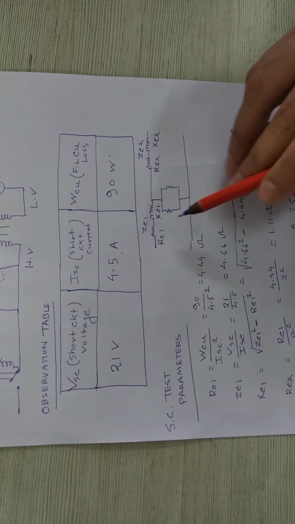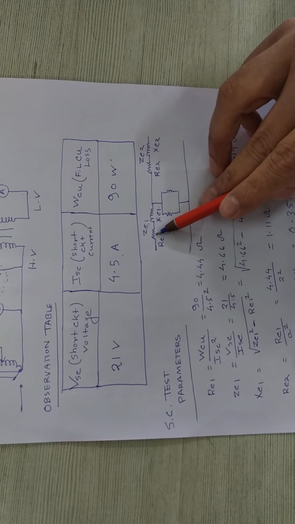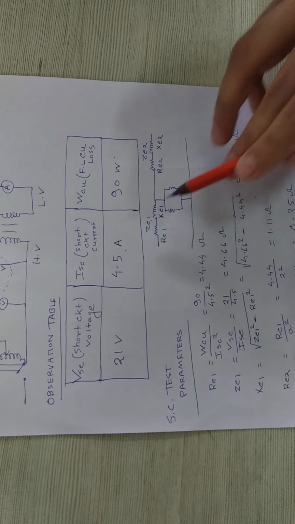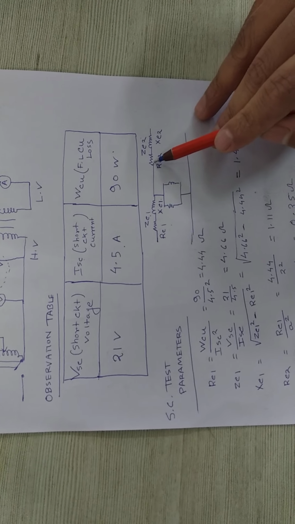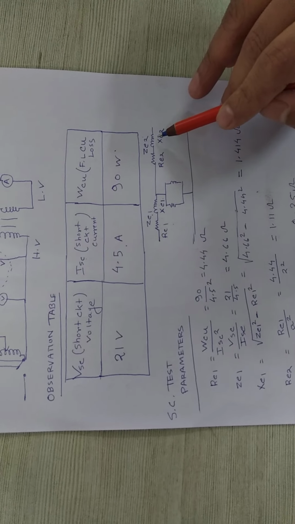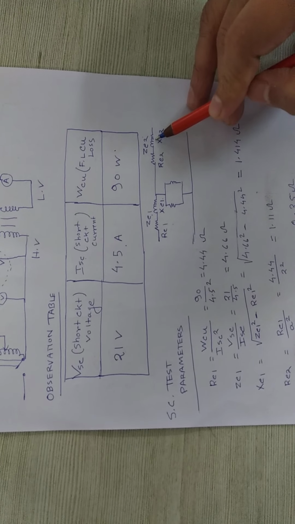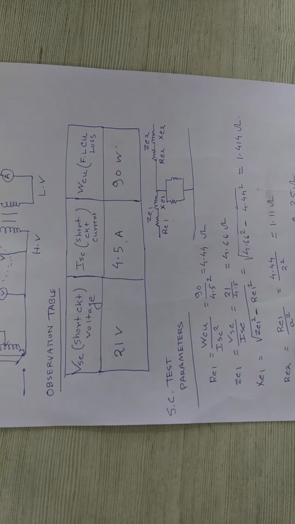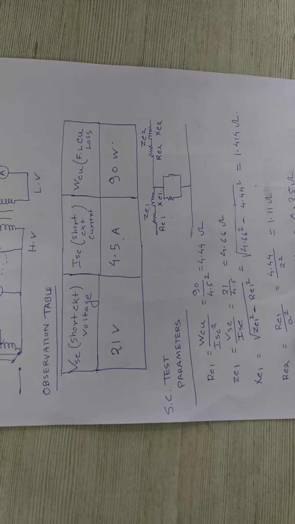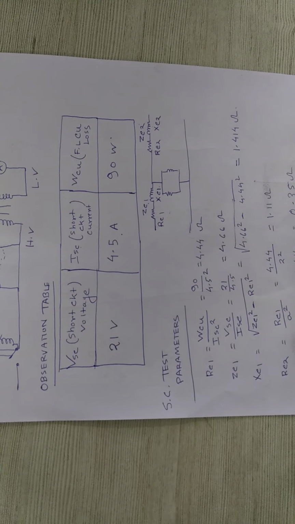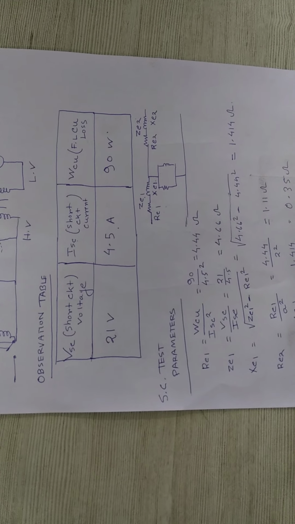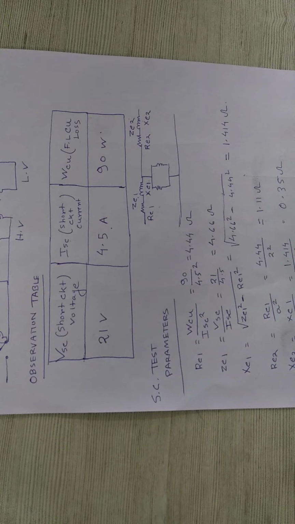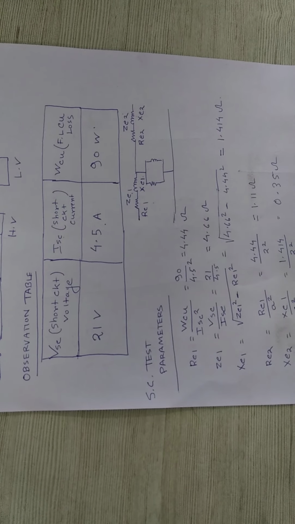So this is the equivalent resistance of primary winding, and it is the equivalent reactance of the primary winding, and that is the equivalent resistance of secondary winding, and that is the equivalent reactance of secondary winding. We know that the copper loss occurs in the winding, so from there we can find out the resistance, equivalent reactance and equivalent impedance of both of these two windings referred to primary.